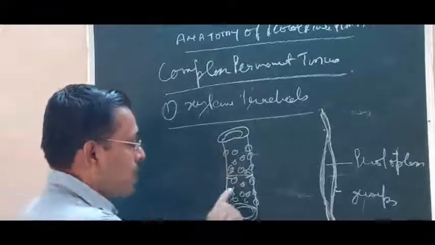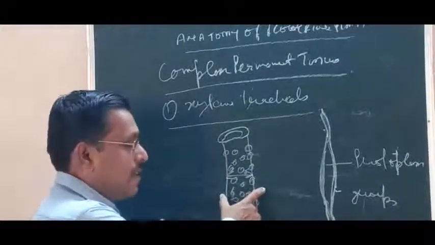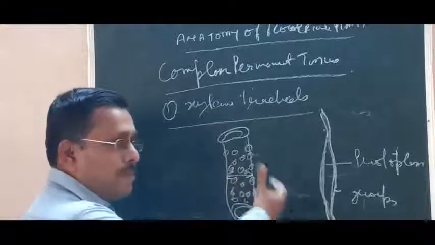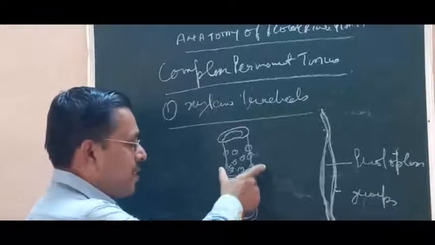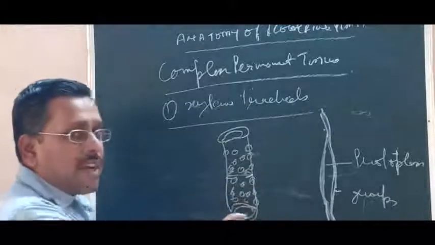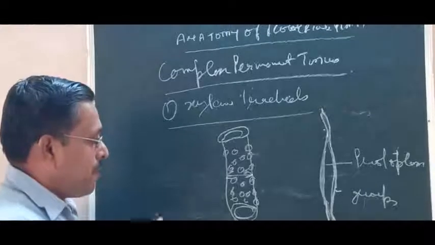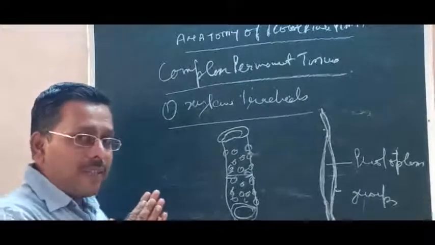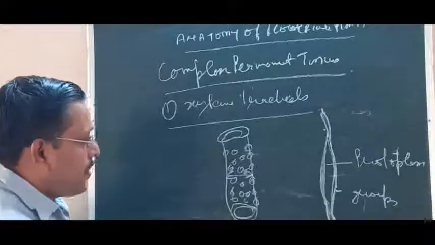These are the perforations of one xylem vessel, and the same type of xylem vessel member is attached with it, and they are called xylem vessel members, stuck together to conduct water and minerals. So this is the xylem vessel member.